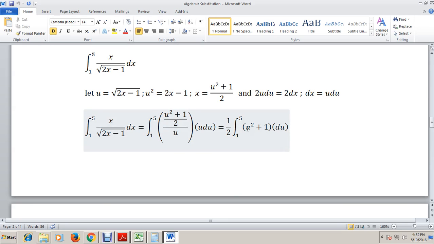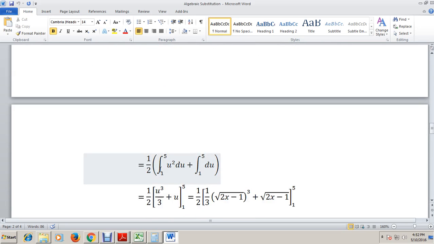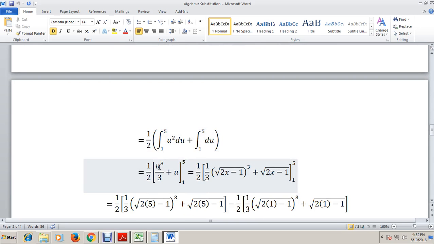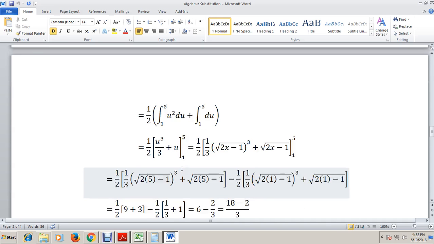which, of course, we need to distribute the integral sign and the 1/2 and du to both u squared and 1. So that becomes the integral of u squared du plus the integral of du. That becomes u cubed over 3 plus u. We need to evaluate the results from 1 to 5.